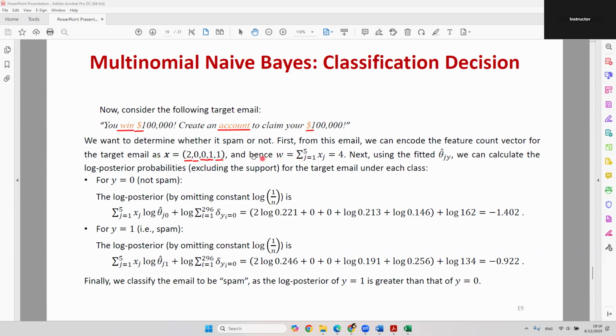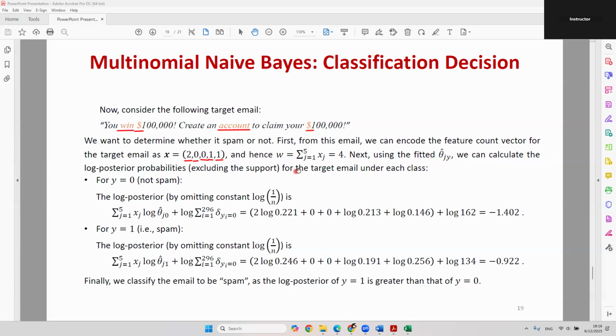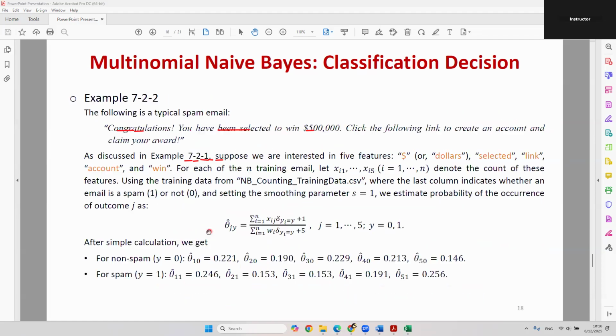For this email, W is the total number of features: 2 plus 0 plus 0 plus 1 plus 1 equals 4. Next, we use the fitted theta hat JY to compute the log posterior.